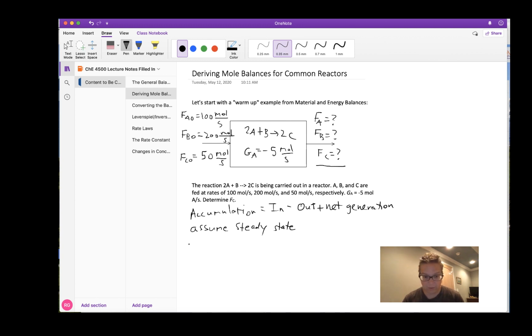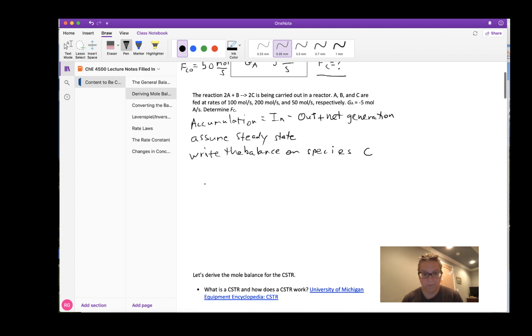Because of that, I'm going to write the balance on species C. Rewriting, we'd say that 0, since we've assumed steady state, is equal to the flow rate of C coming in, FC naught, minus FC, plus the net generation of C, GC.